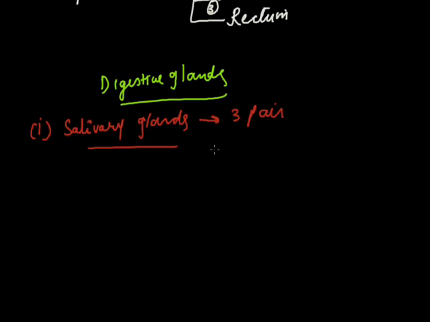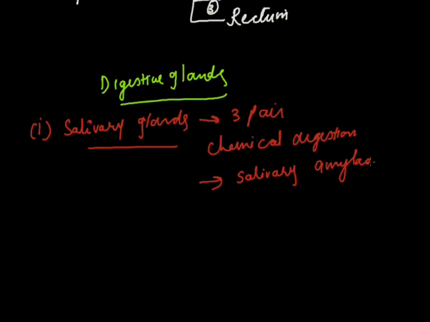They help in the chemical digestion as they release an enzyme that is called as salivary amylase, and it is also called as a ptyalin enzyme. It helps in the digestion of starch.